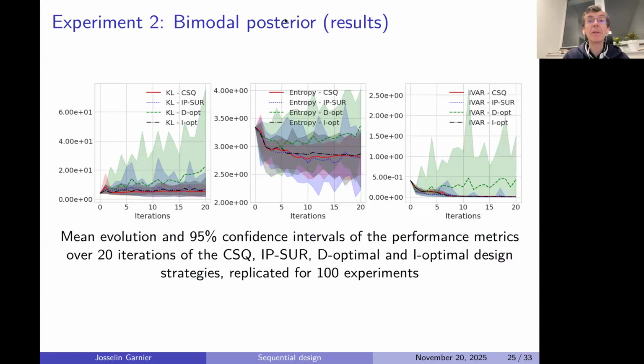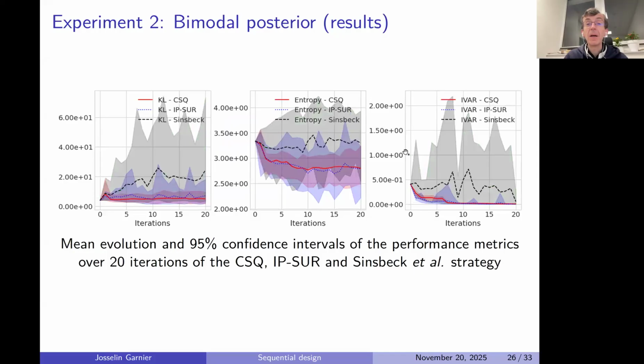Now you can look at what happens for the bimodal situation. Again, you can see that D-optimal does very poorly. The other ones seem to be quite good. What is surprising is that the Bayes-risk minimization fails.